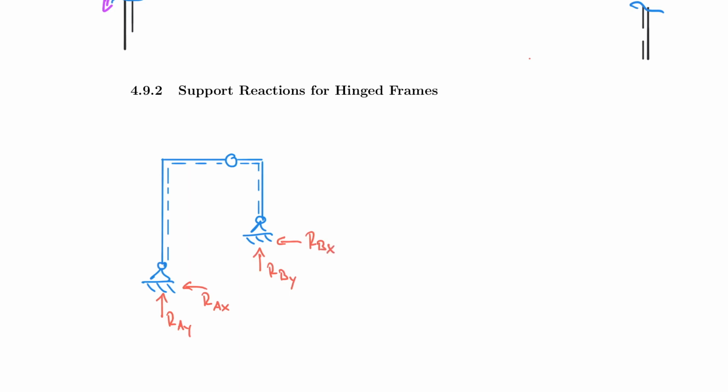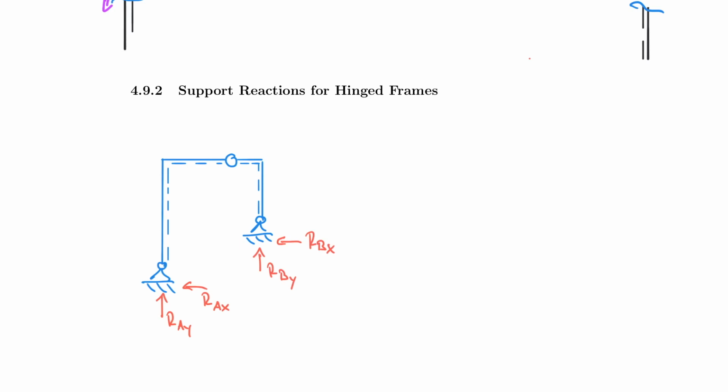And so I have four support reactions, which is completely counterintuitive compared to what we have dealt with before. But it is absolutely necessary in this case because of our hinge here at the top. Otherwise, the system would just slide out. And so this is the minimum support reactions we need to create stability in this frame.